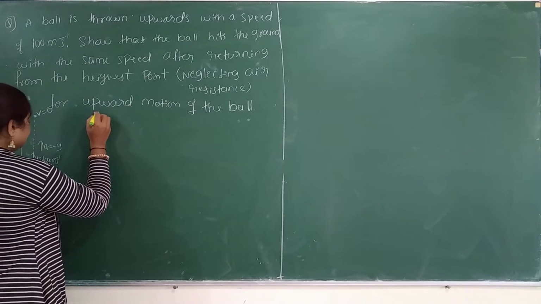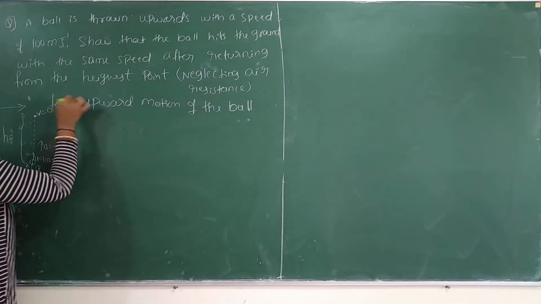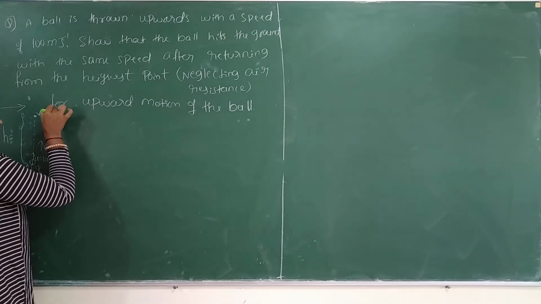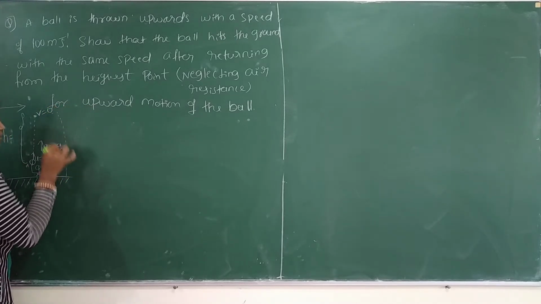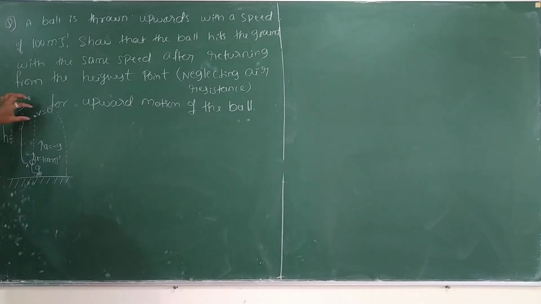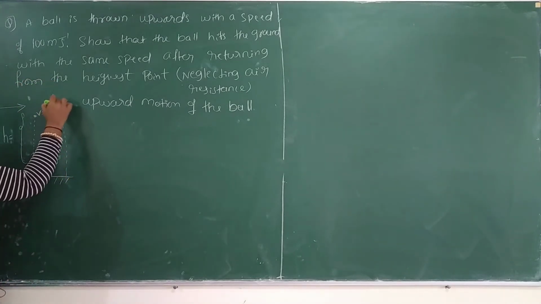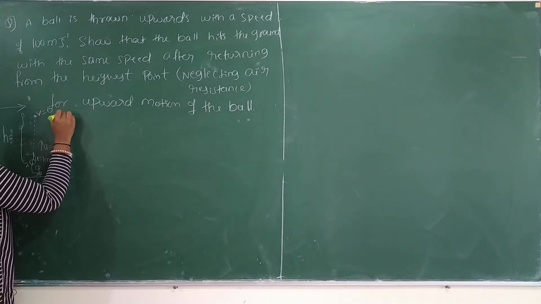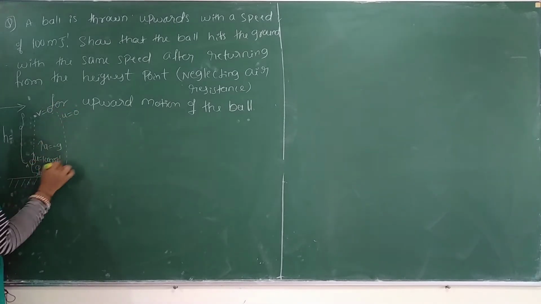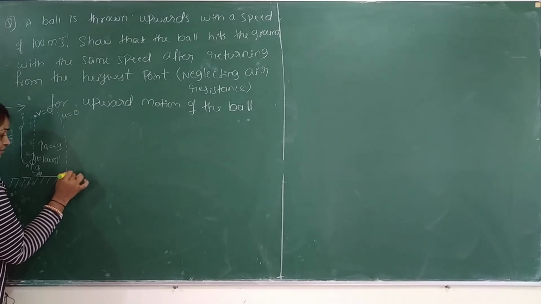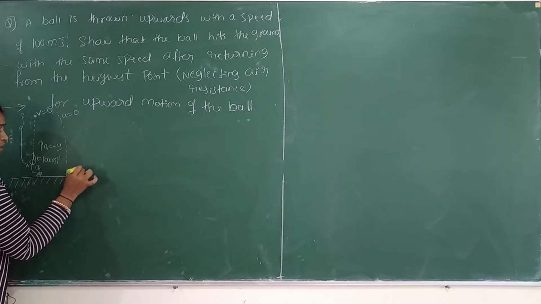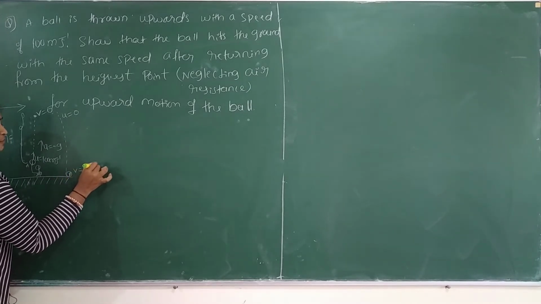Similarly, you have to calculate when the ball returns and reaches the ground. Once it reaches the highest point, again it reaches the ground, moving with a velocity. How much is my initial velocity? It will be 0, and the final velocity once it hits the ground will be how much? 100 meter per second.